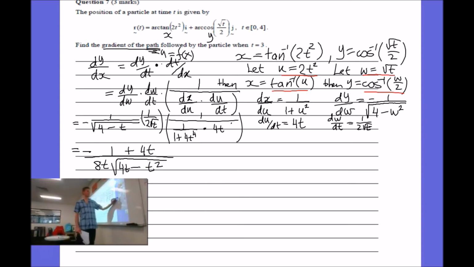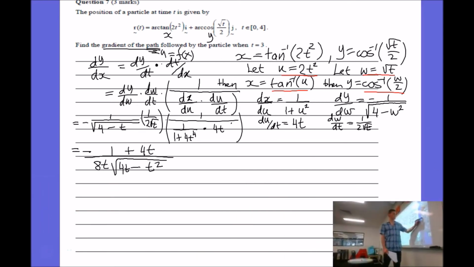Beautiful. So there's our gradient of the path. A bit of a hard slog, but we got there. You've got to be switched on with knowing your derivatives and when to apply your chain rule correctly.